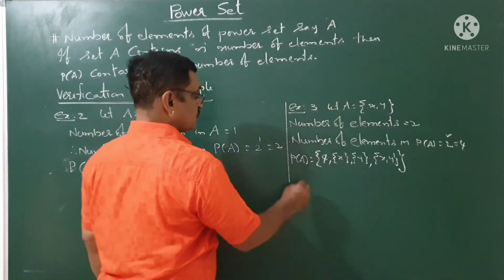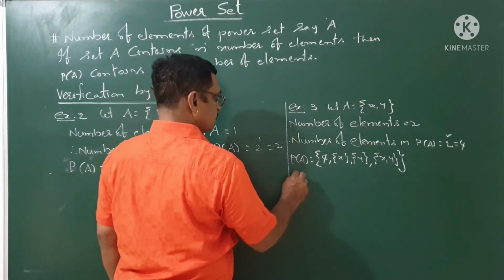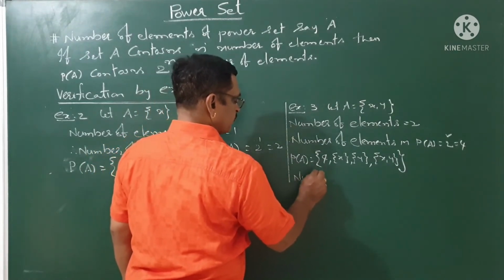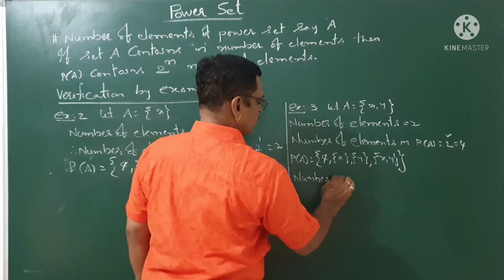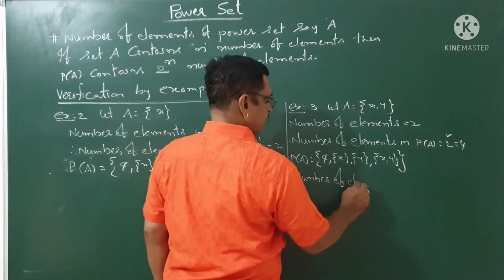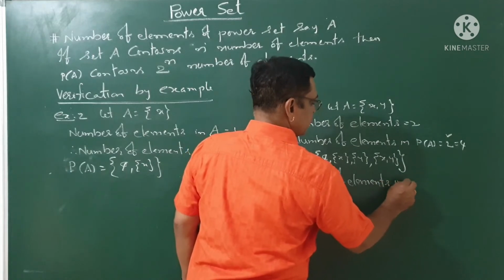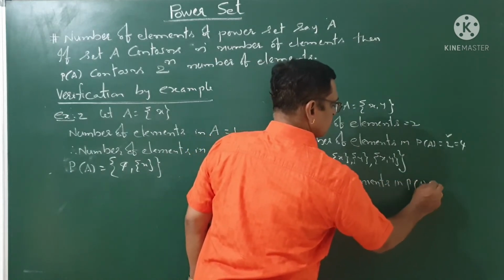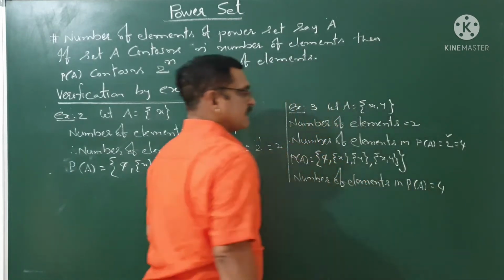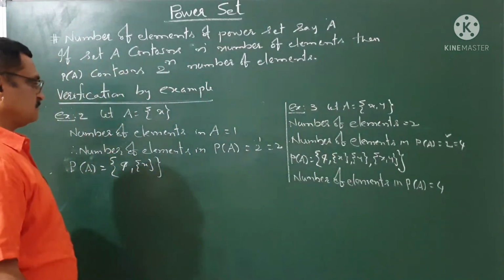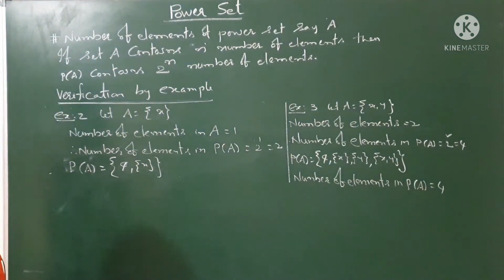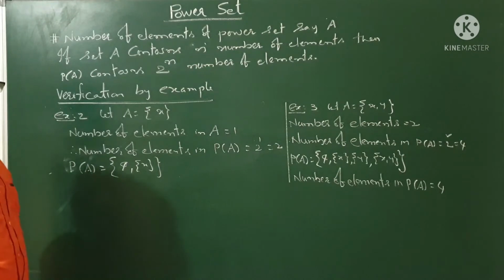So P of A is equal to, here the number of elements in P of A is equal to 4. The result is verified. So again repeat, if a set contains n number of elements, the power set must contain 2 power n.